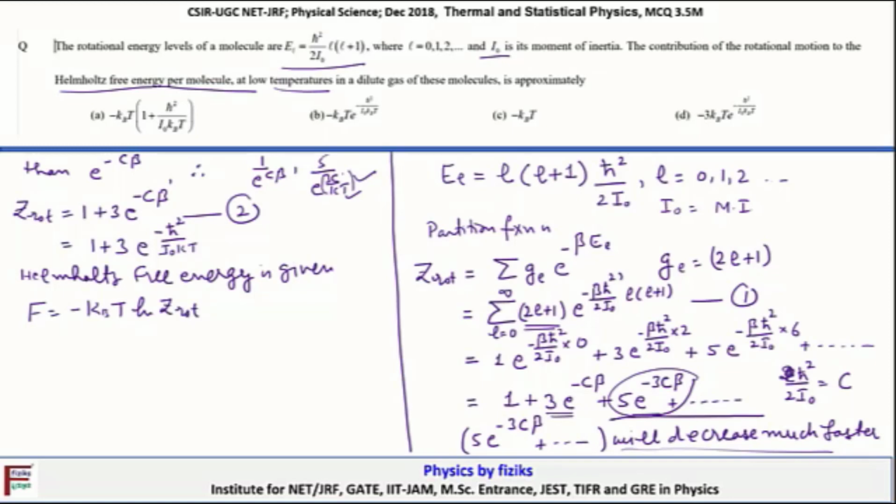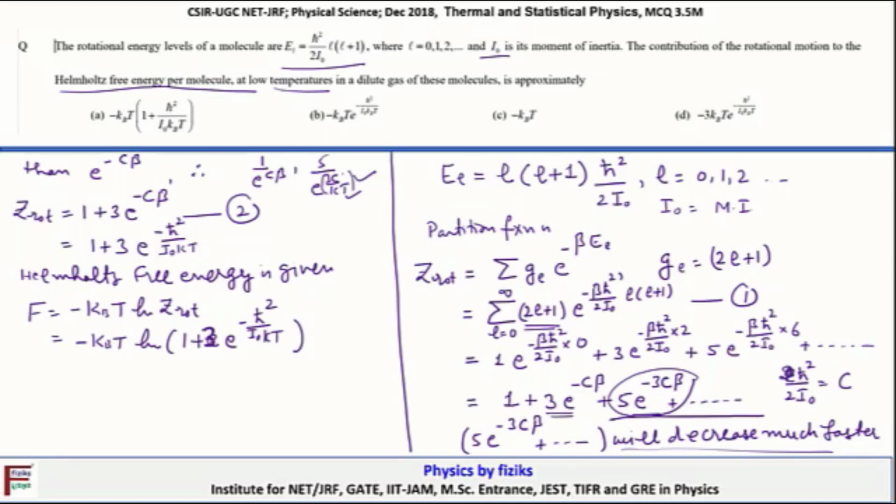That's the definition of the Helmholtz free energy. If we substitute the value of the partition function from equation 2, this turns out to be F equal to minus kT logarithm of 1 plus 3 exponential minus h cut square upon I naught kT.